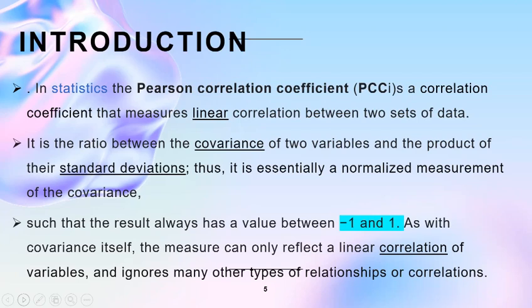Thus, it is essentially a normalized measurement of the covariance, such that the results always have a value between -1 and 1, so that R can be interpreted between -1, 0, and 1. As with the covariance itself, the measure can only reflect a linear correlation of variables, and it ignores many other types of relationships or correlations.